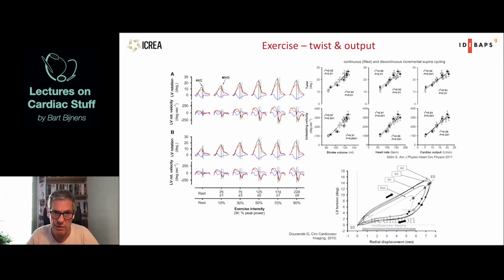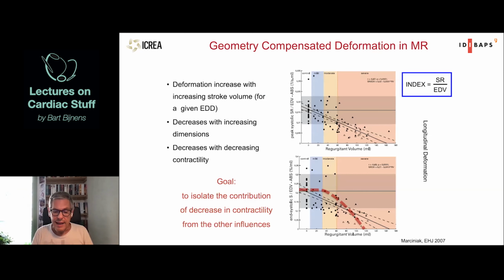Now, when you look at the literature, and this is also some publications that we've been doing when I was working in London with the group there. At some point in some paper on mitral regurgitation, we suggested that what would be interesting is to try to combine or find some way to describe the effect of the size and the effect of the deformation.